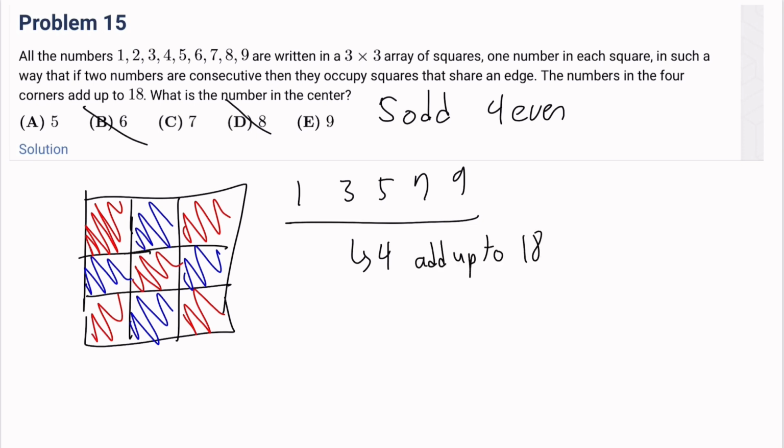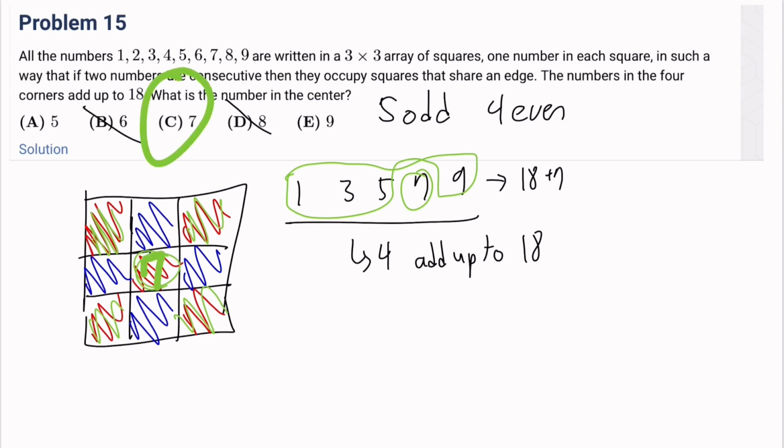If we take the whole sum of 1, 3, 5, 7, and 9, no, sorry, 1, 3, 5, and 9, they make 18, and we have 7 left over. And since the 4 on the corners will add up to 18, and this will be the only odd number left, it will have to be 7. So this will be 7.